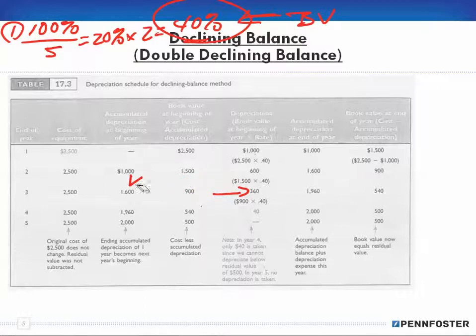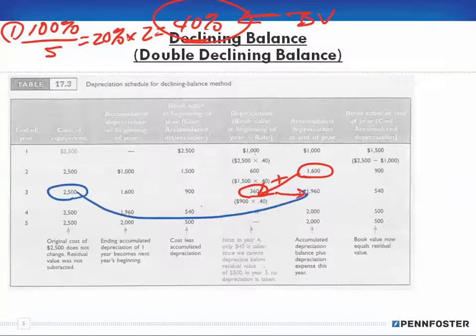With the depreciation of 360, in my accumulated depreciation column, 1,600 plus this year's 360 gives me a new accumulated depreciation of 1,960. And again, 2,500 less 1,960 gives me a new book value of 540.